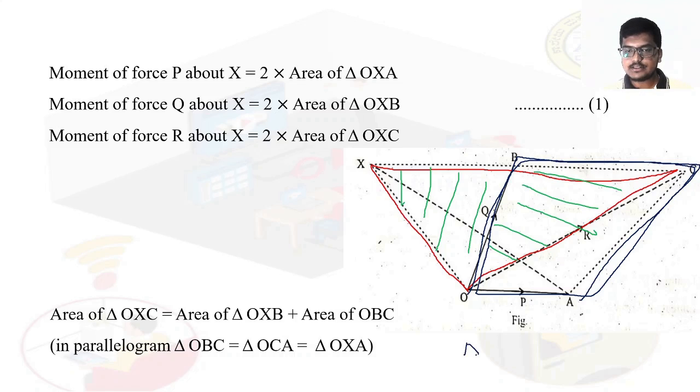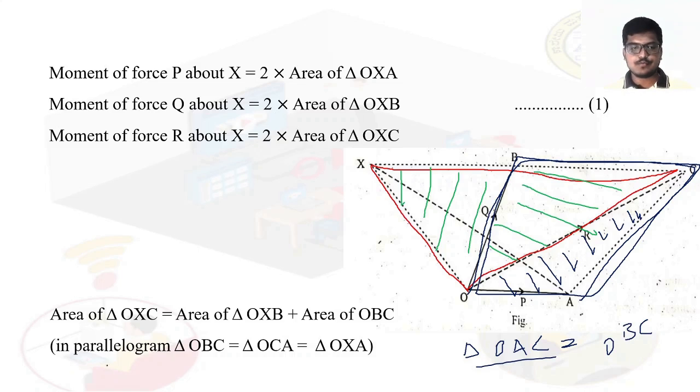The triangle OAC is equal to triangle OBC. Okay, triangle OAC is equal to triangle OBC. That's what we are writing here. Triangle OBC is equal to triangle OCA.